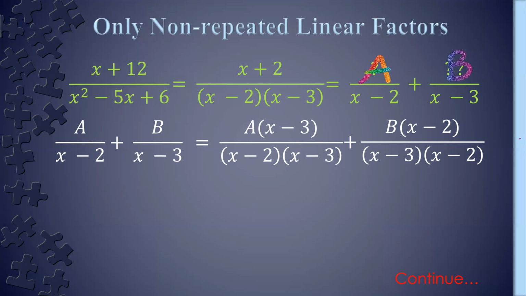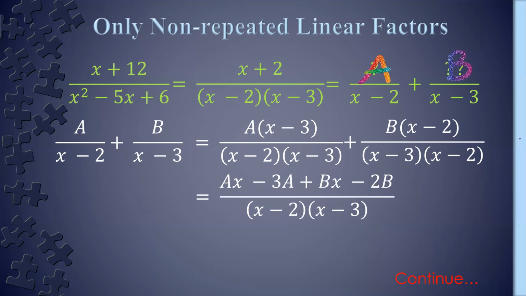Now that they have a common denominator, I can write that common denominator and add the numerators. So here I distribute: Ax minus 3A, that's that, and then Bx minus 2B, right?